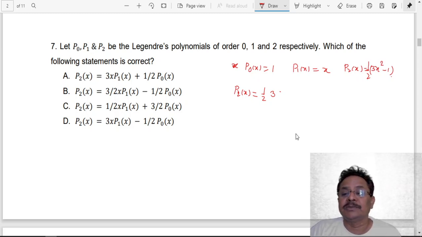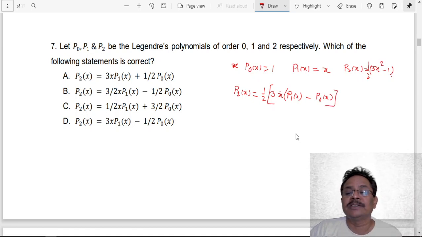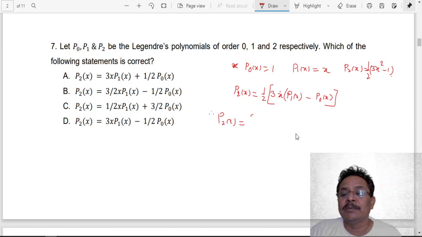Yes, x times this, one of the x can be written as P1 of x, and in the bracket, minus, this I can write as P0 of x. Simplifying further, P2 of x is equal to 3 by 2 times x into P1 of x minus 1/2 into P0 of x.